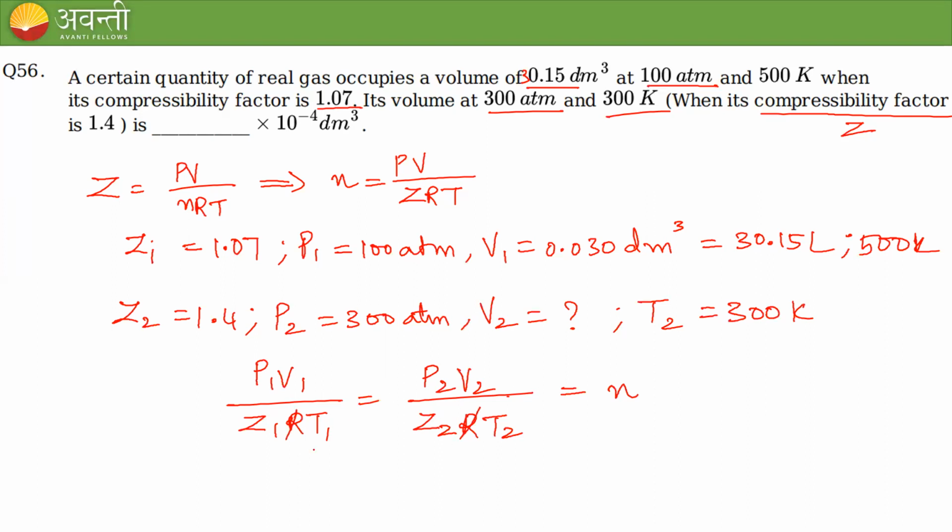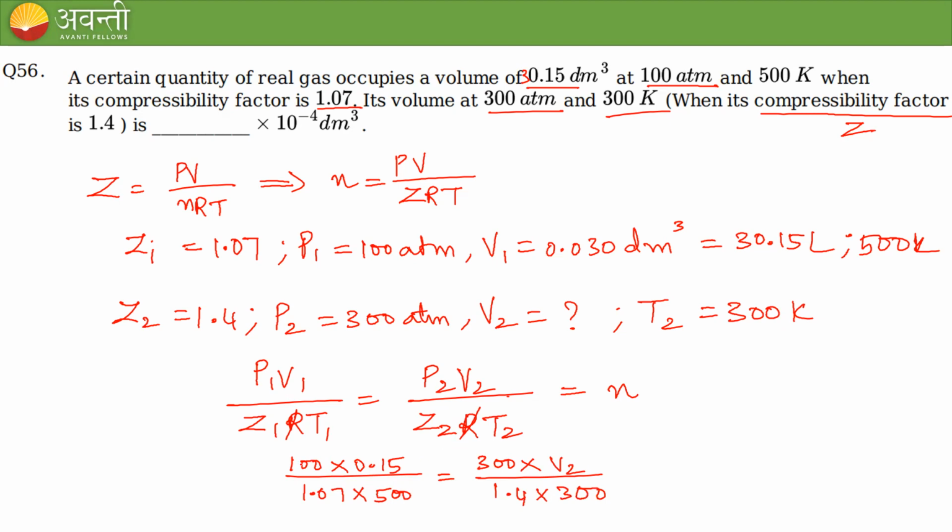So substitute all the values here. P1 is 100 and V1 is 0.15 and Z1 is 1.07 into the temperature 500 Kelvin, which is equal to P2 is 300 and V2 we have to find out, Z2 is 1.4 and T2 is 300. Okay.